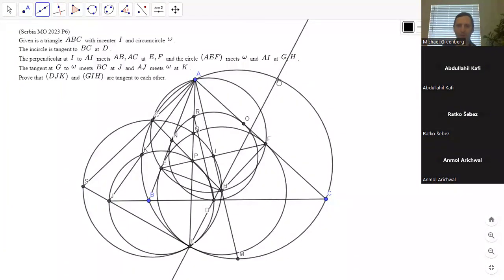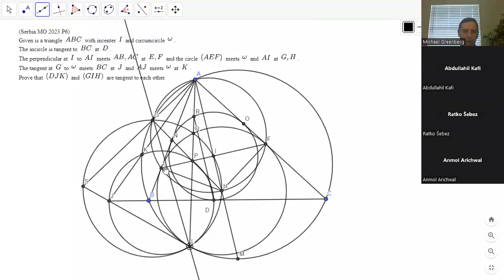LD, it's well known it passes through the parallel from A to BC. I don't know if that'll be helpful. Okay, so can we do some homothety at L? We can try to show a homothety at L takes triangle JPL to QSL. That would be one way to solve the problem. Let's see if there's any other lines that would work.